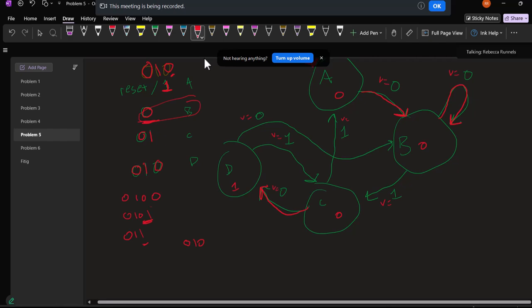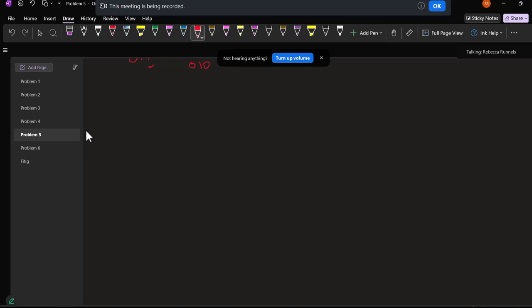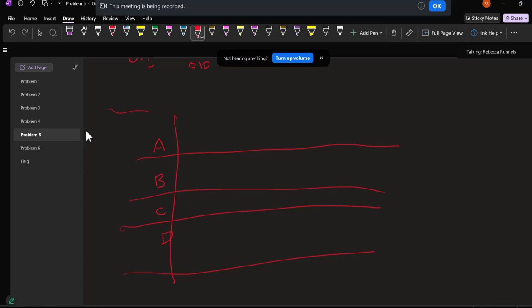So now let's do the correct state table for this. You can call your states whatever you want: A, B, C, D. I didn't tell you what the name of the input was. I'm going to call it V, input V, and I'll have V equals 0 or V equals 1.